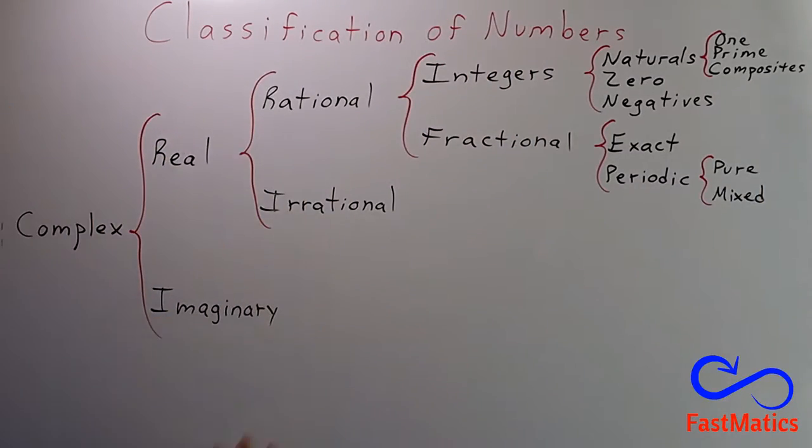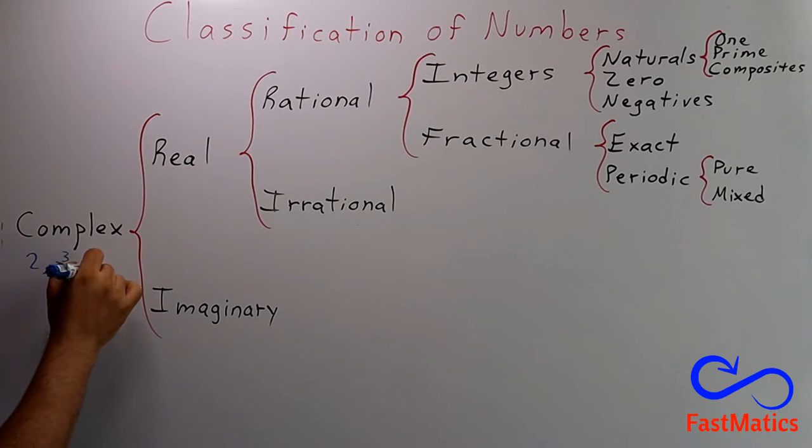Let's explain each one. First of all, a complex number is any number. For example, 2, 3 over 4, 5 plus imaginary, etc. Now let's see.